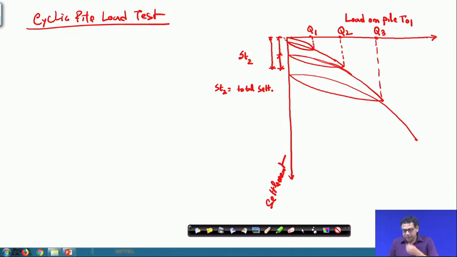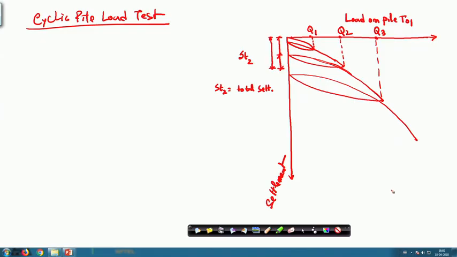So, there is some recoverable settlement. The permanent part is called the plastic settlement, and the portion which is recovered is called the elastic settlement.